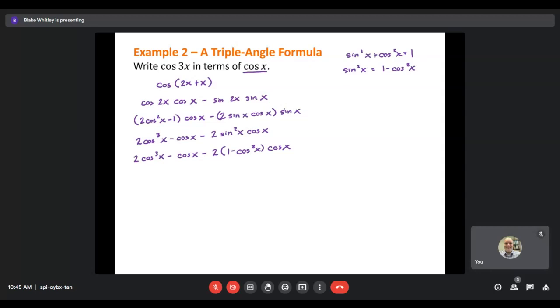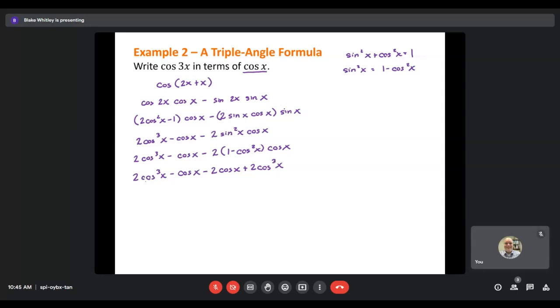I just want to clean it up a little bit, so I'm going to distribute, see if we have any like terms that can combine. So we'll keep the 2 cosine cubed x minus cosine x. Multiplying this out down here now, we get minus 2 cosine x. And then a negative and a negative gives us a positive 2 cosine, and then cosine squared times cosine is going to be cosine cubed x.